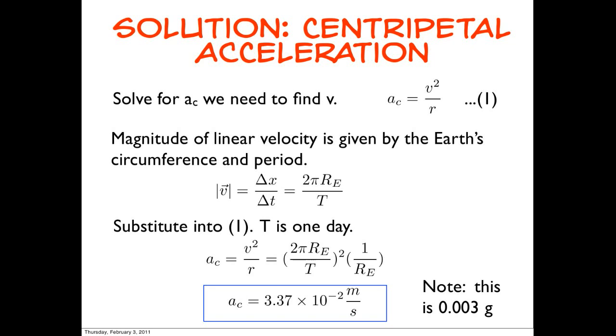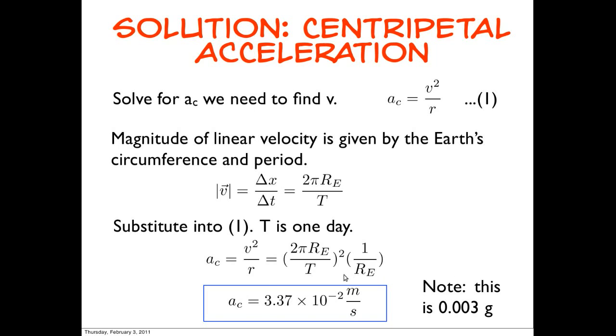If we substitute our expression for velocity into our definition of centripetal acceleration, we find that the centripetal acceleration is equal to 2 pi radius of the Earth divided by the period, squared, times 1 over the radius of the Earth. Note here that the period T is 1 day. In order to perform this calculation, you will need to convert days into seconds.